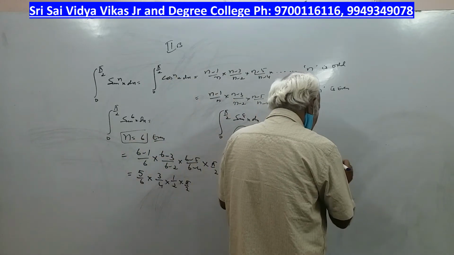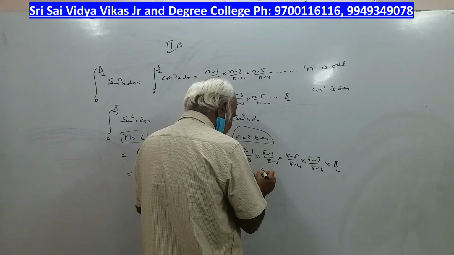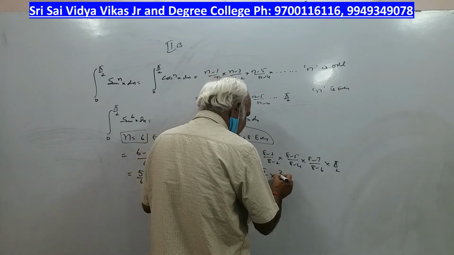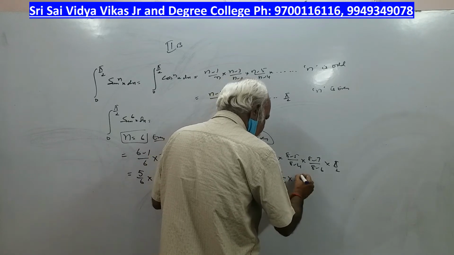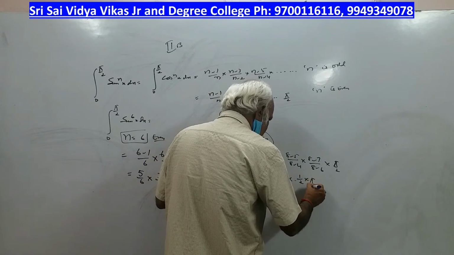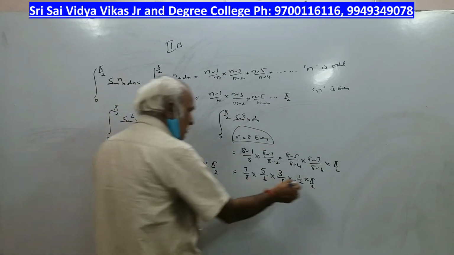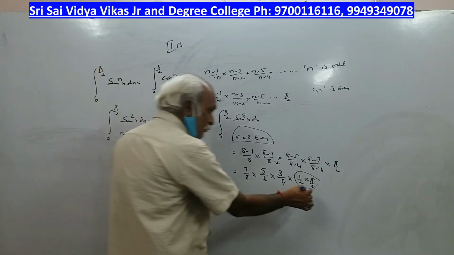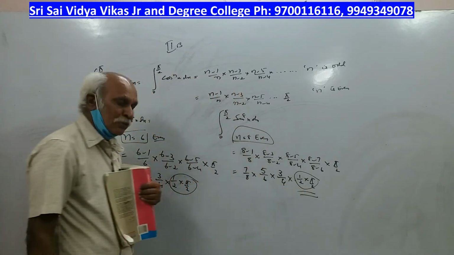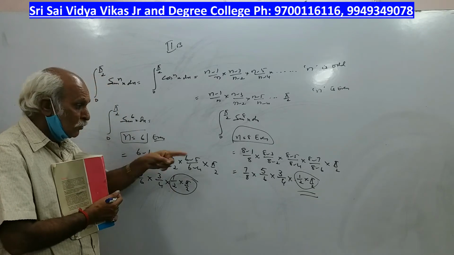So immediately pi by 2. 7 by 8, 5 by 6, 3 by 4, 1 by 2 into pi by 2. Okay, observe here. Whenever n is even, the last two terms will always be this 1 by 2 into pi by 2. Here also 1 by 2 into pi by 2. So whenever n is even, you get this 1 by 2.